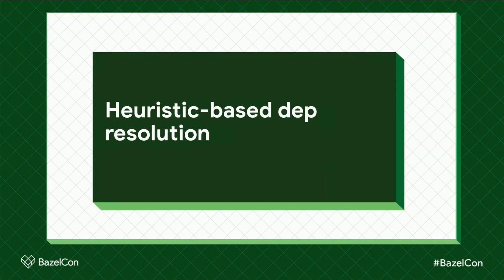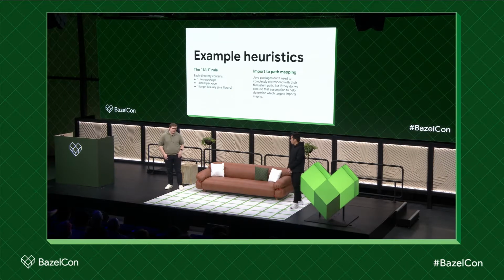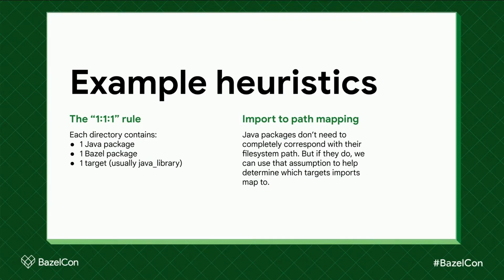So I'm going to talk a little bit about how, if you're interested in doing something similar, you can employ heuristic-based dependency resolution in your Gazelle extension. Later on, we'll talk about the indexing. Here's a pretty standard one: the 1-1-1 rule is a pretty standard heuristic for Gazelle, which is basically one package, in our case where we're making a Java extension, so it's a Java package.